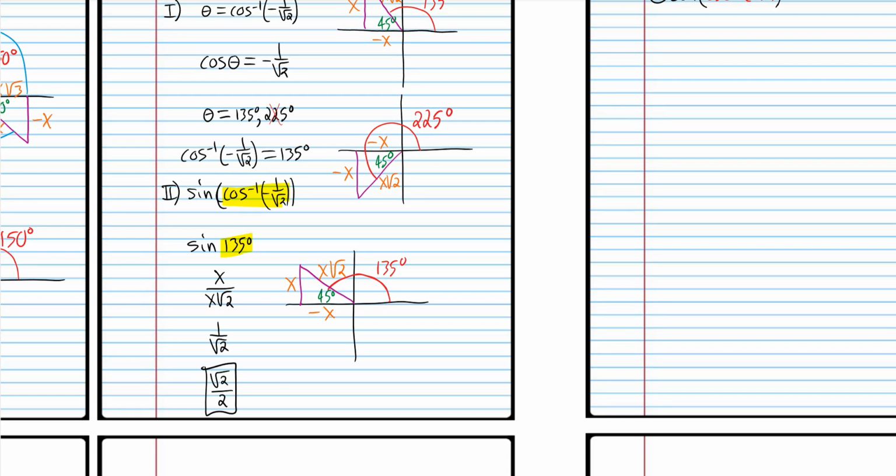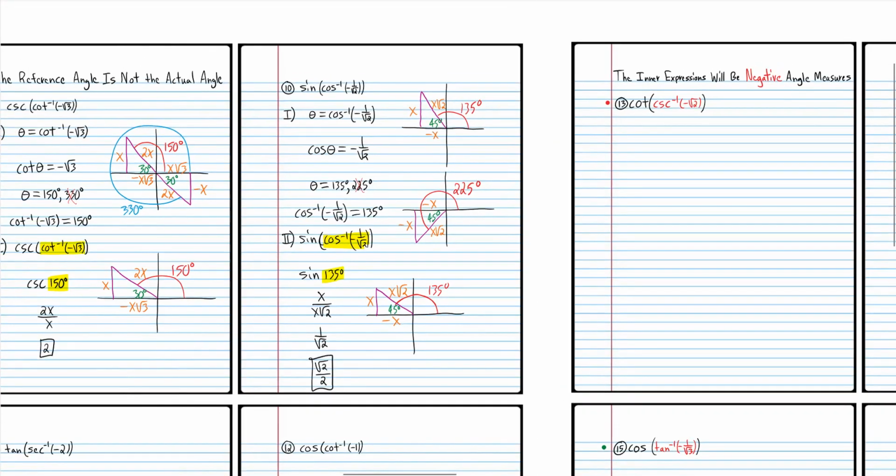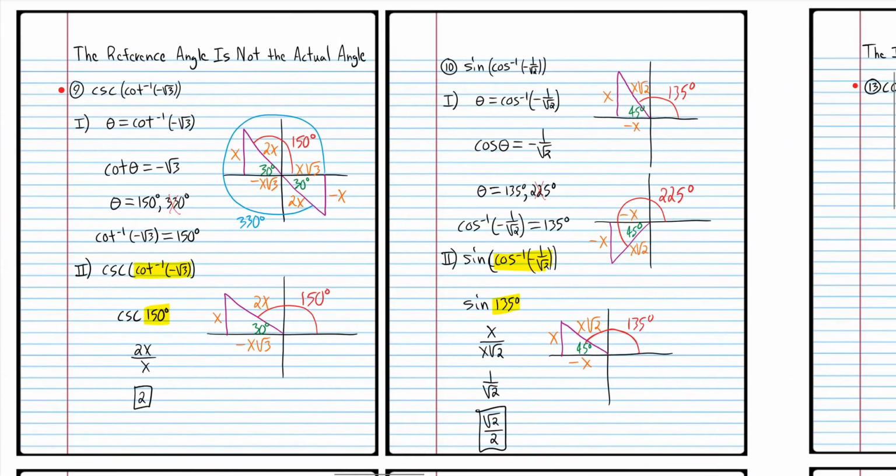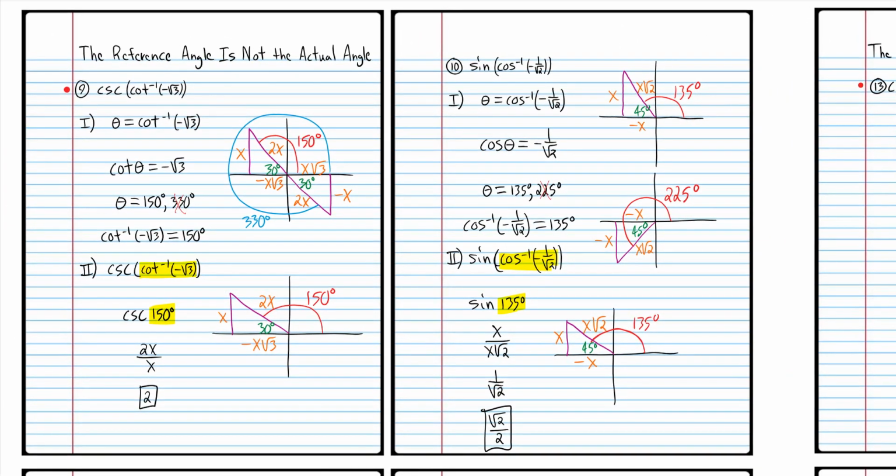All right, so again, the difference of these problems is that the reference angle wasn't the actual angle we were looking for. So that happens when you have a negative ratio in the cotangent or cosine inverse or secant inverse expressions.